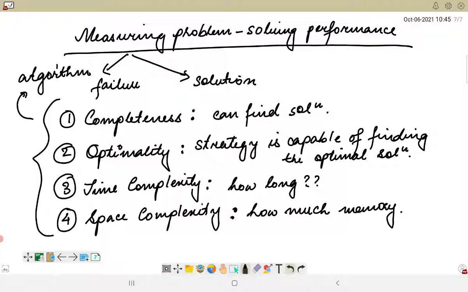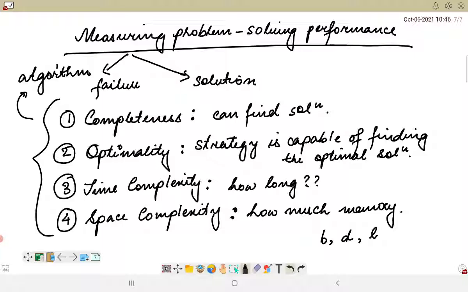So complexity is expressed in terms of 3 different quantities: the branching factor, the maximum number of successors of any node, the depth of the shallowest goal node, and the maximum length of any path in the state space. So these three factors, branching factor, depth, and the length of any path, are associated with those graphs which are represented implicitly by the initial state and successor function, and if they are infinite, we have to consider these three factors. They are represented as B, D and L.